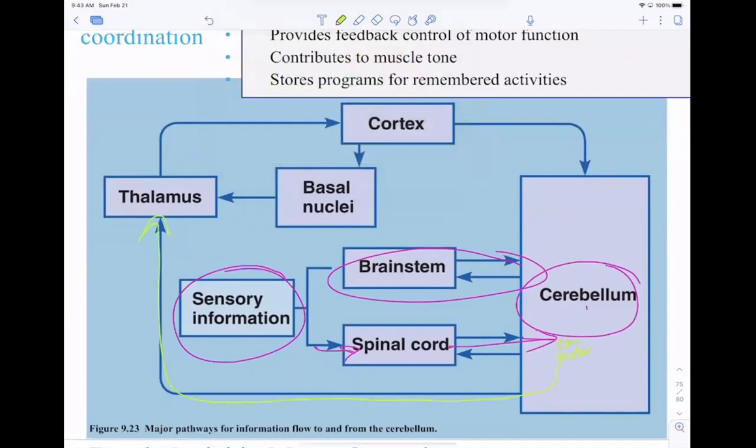So this is where you get really complex motor plans. And they get sent to the thalamus. Then it gets sent to the cortex, right? The primary motor cortex. And then it gets sent out to the muscles. It goes through this loop here for unwanted versus wanted movements. And so they're all kind of tied together.